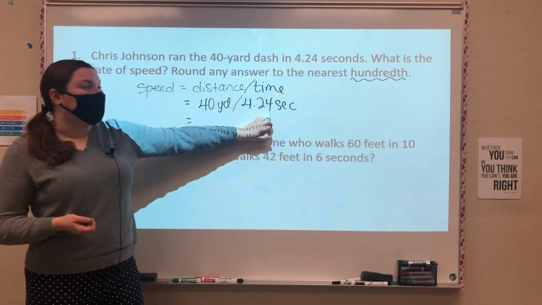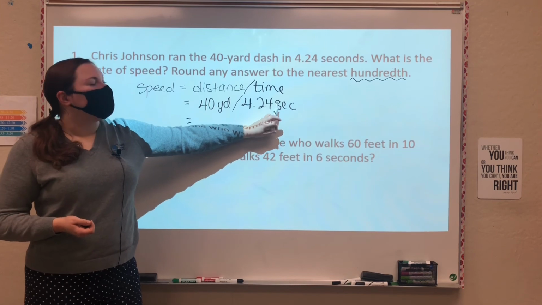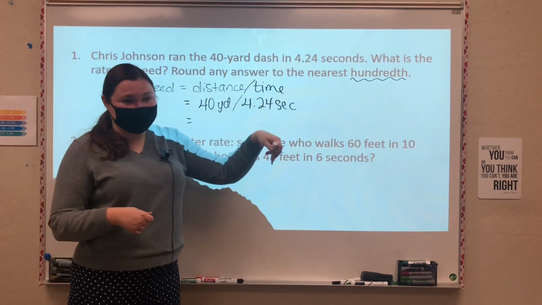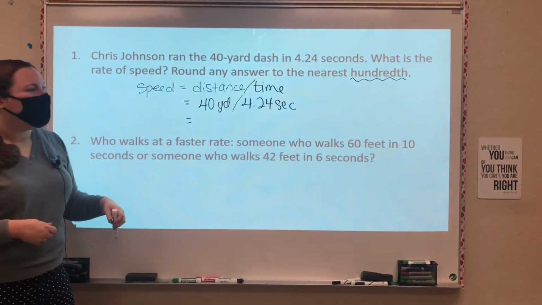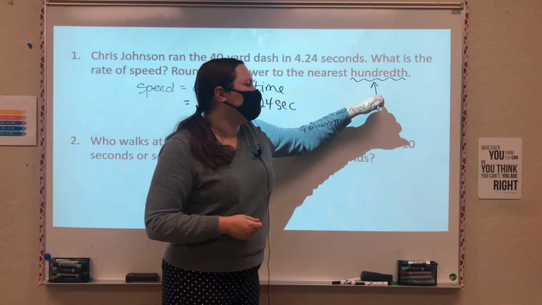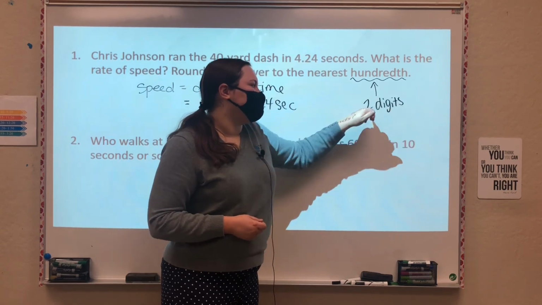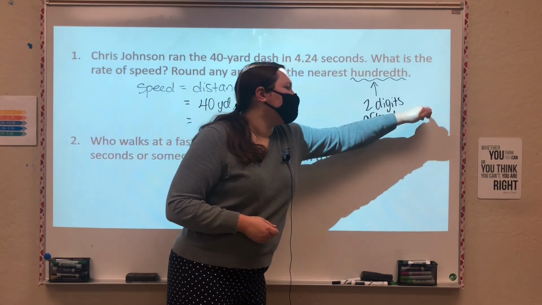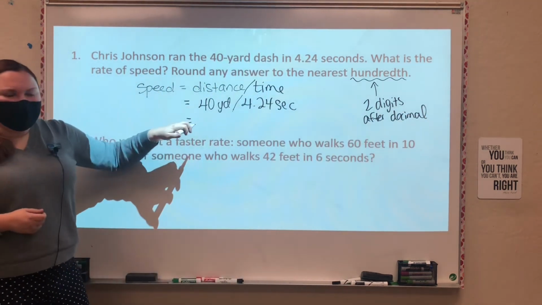The second one is hundredths. And the last one is thousandths. Yep. Well, it's not the last one. I could keep going: tenths, hundredths, thousandths, ten-thousandths. What we needed to know is that this right here means there's going to be 2 digits after the decimal.